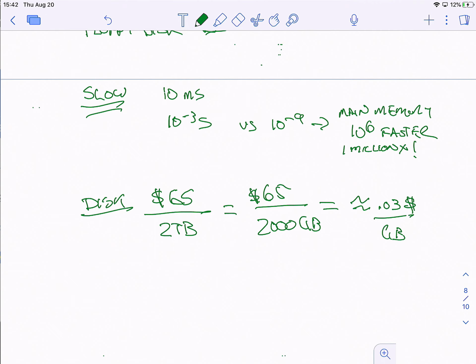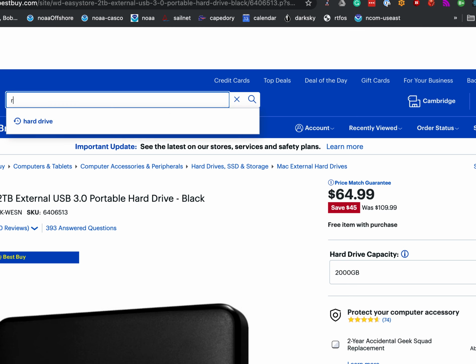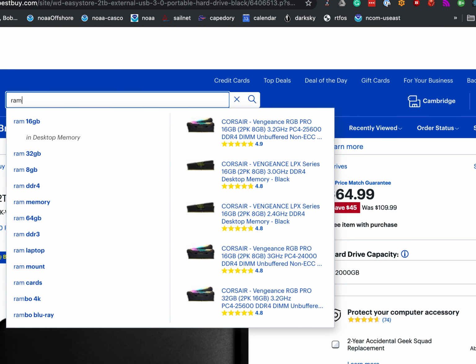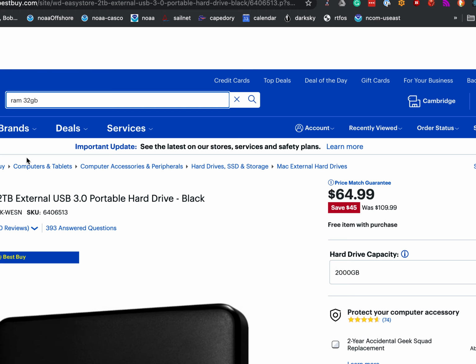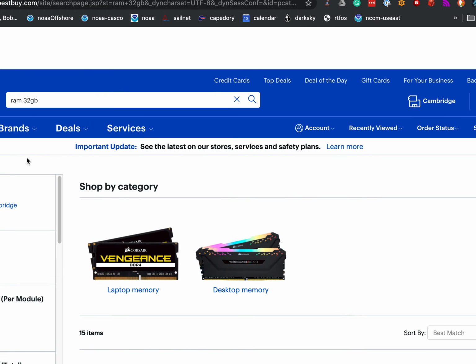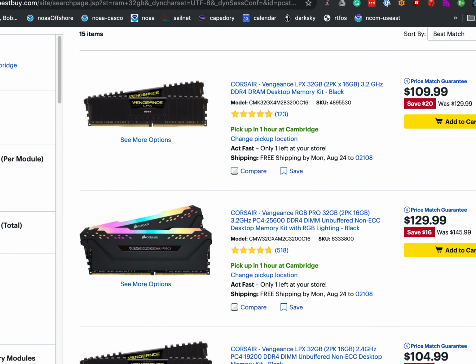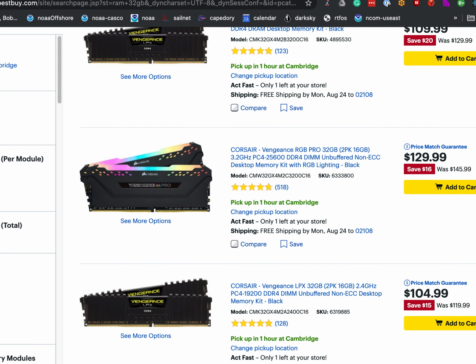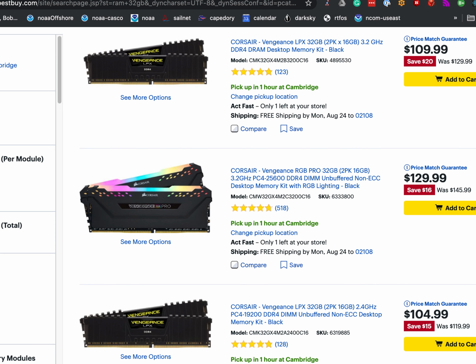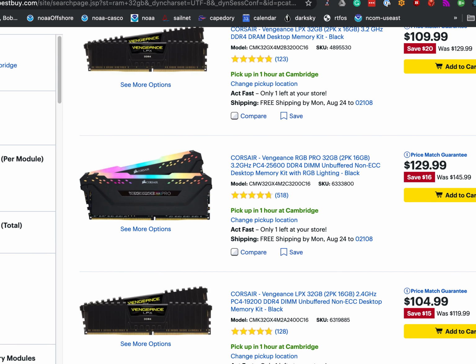All right. Now let's look at RAM. RAM, 32 gigabytes. Let's see how much that costs. Okay, so here's one. I'm just picking something at random.